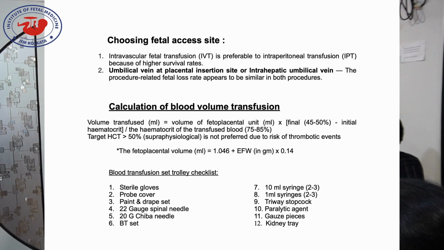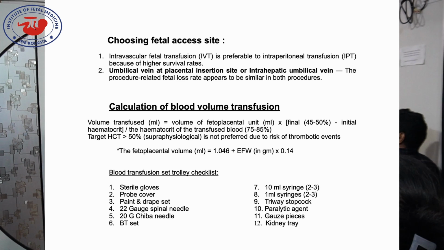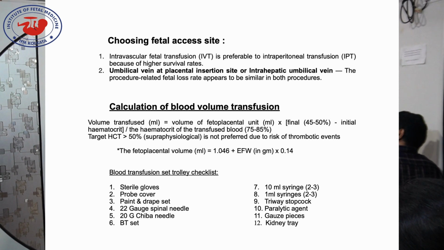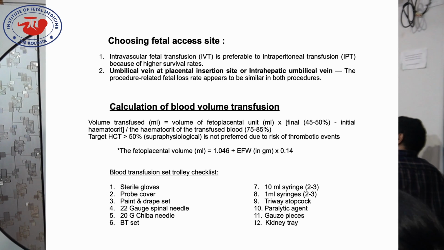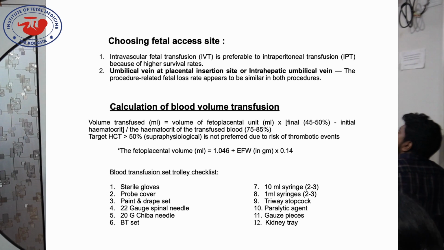So it is just a rough calculation we have to give and push. We cannot be very accurate. The case which we did, I was not able to get the abdominal circumference also. It was so distorted with ascites. Somehow, just for the calculation's sake, we did it. So that will not be very accurate. But we have to take it that way.